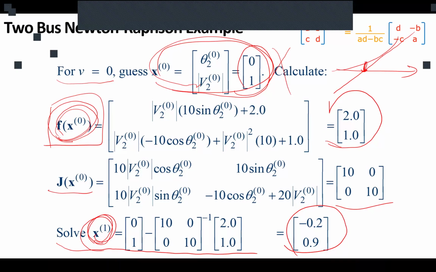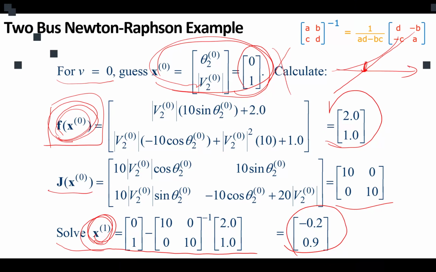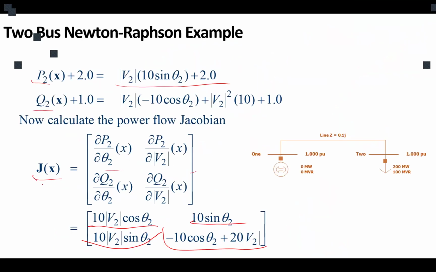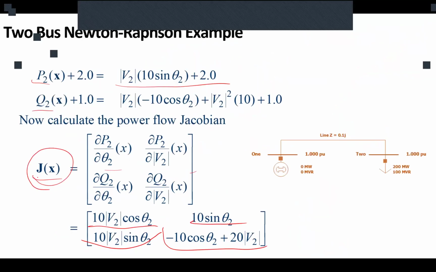This 10, 0, 0, 10 is the Jacobian matrix for this graph. J, the Jacobian, is the partial differential of all the f's with regard to all the variables.